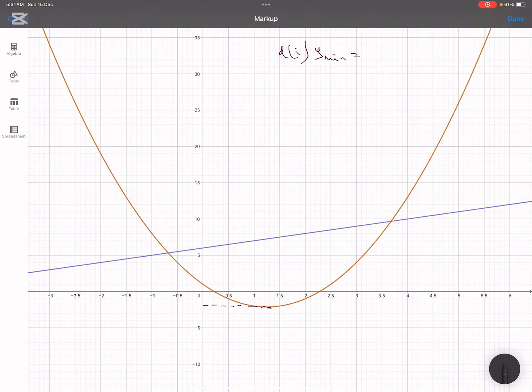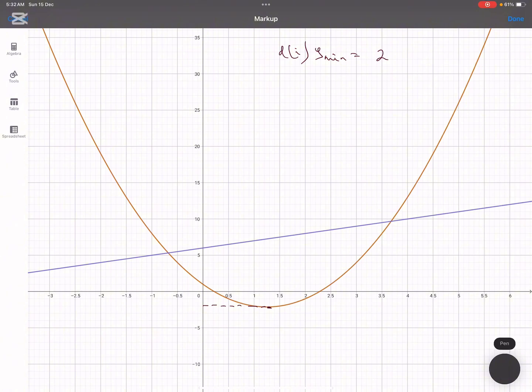That means 1 centimeter to 5 units. So this will be 1, 2, 3, 4, 5. On the negative axis, -1, -2, -3, -4, -5. So this is -2. So the least value of y is -2.